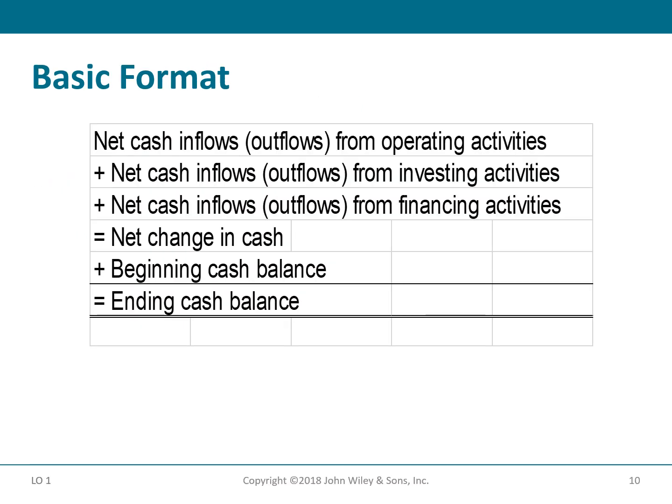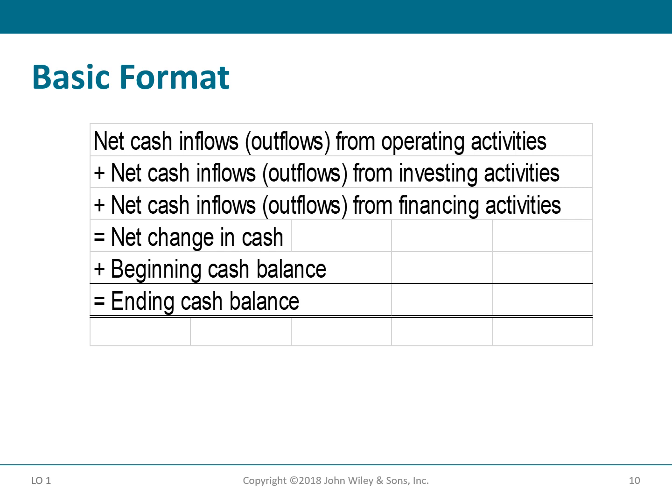So basic format is going to wind up looking like this. You're going to calculate your net cash inflows or outflows from operating activities. If the net number is positive, it's a net cash inflow. If it's negative, it's going to be a net cash outflow. You're going to do the same thing for investing activities and the same thing for financing activities. You're always going to do it in that order.